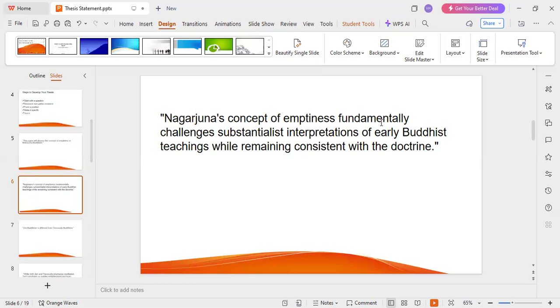So let's say your third chapter and fourth chapter and fifth chapter, those are based on different arguments that you are coming up with. So those come under your discussion. Then for each chapter you can include a thesis statement, and this applies for your subsections as well. In your subsections also you can start with a thesis statement.